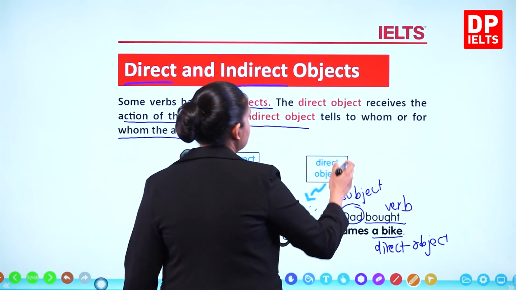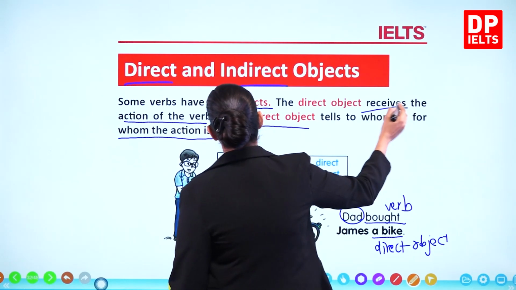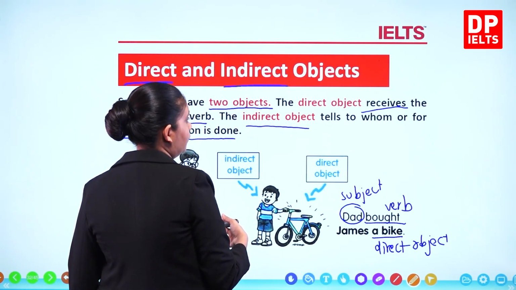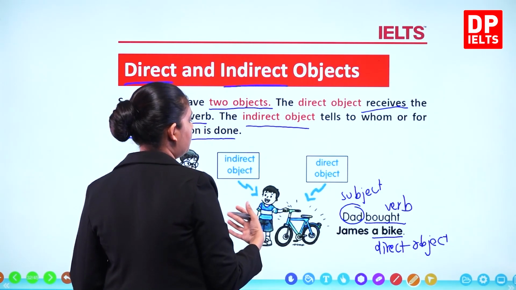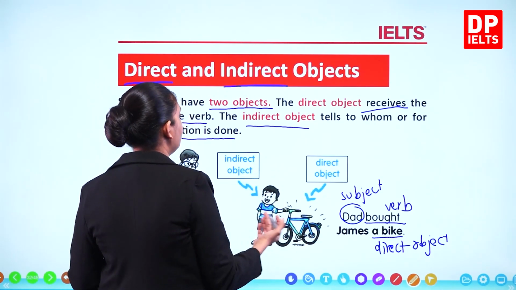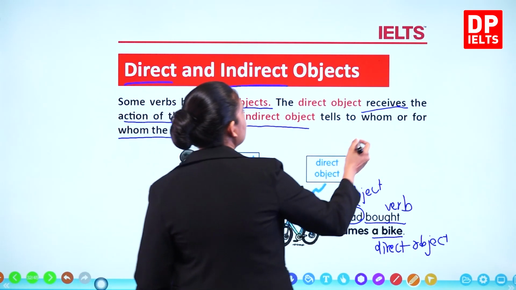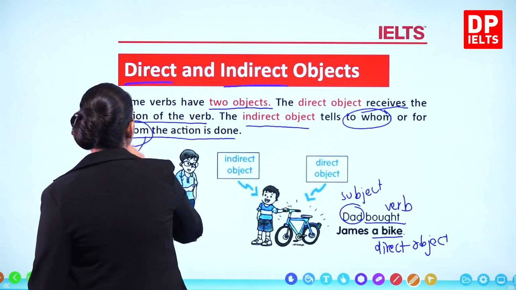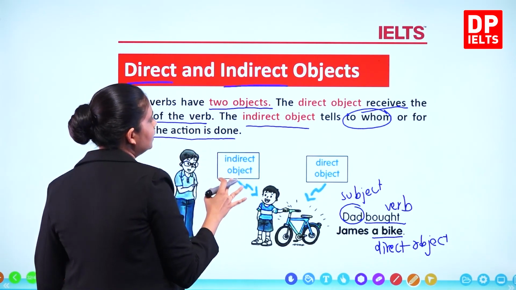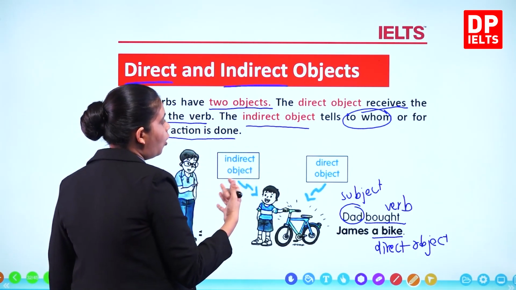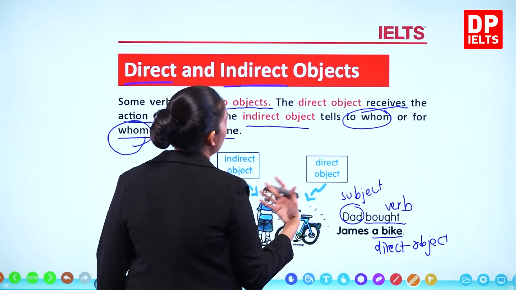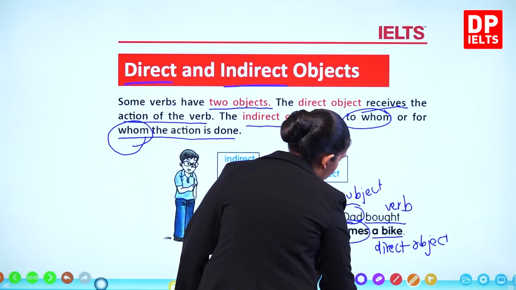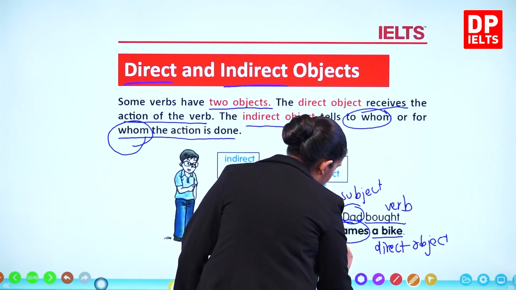because it receives the action. That means dad bought a bike. What did dad buy? A bike. The indirect object tells to whom or for whom it is. So for whom did dad buy it? For James.